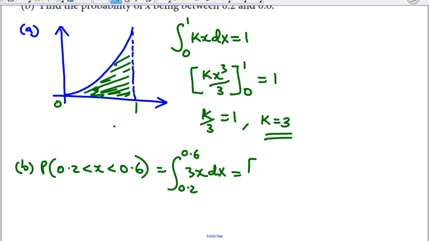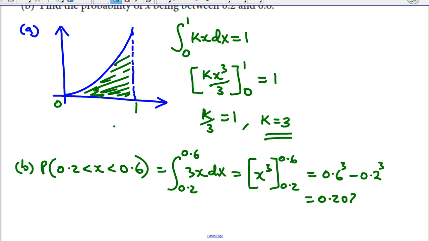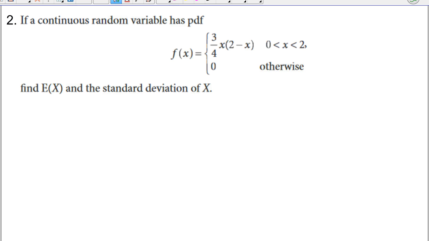If I integrate that, I'll end up with x cubed, and my limits are 0.6 and 0.2, which will give me 0.6 cubed minus 0.2 cubed, and that will be equal to 0.208. Good. Number 2.